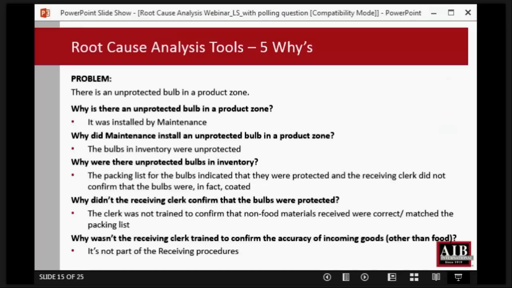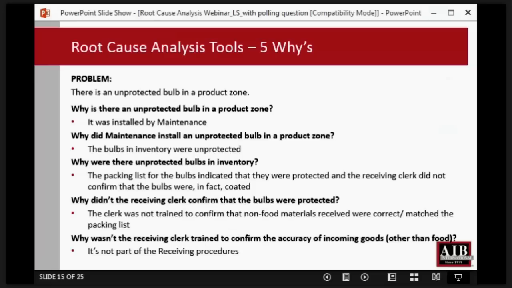Why were there unprotected bulbs in inventory? We get back to the receiving, where the packing list for the bulbs indicated that they were protected, but in fact they weren't. And the receiving clerk did not confirm that the bulbs were in fact coated. So we drill down again. Why didn't the receiving clerk confirm that the bulbs were protected?